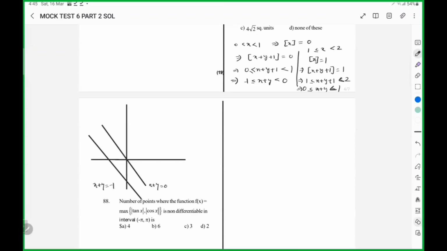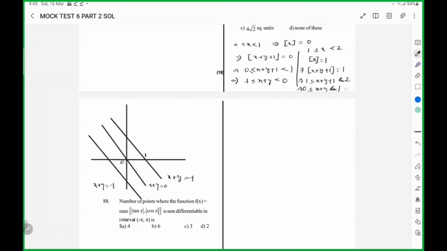Another line, x plus y is 1. So these are three lines. So here x lies between 0 and 1.